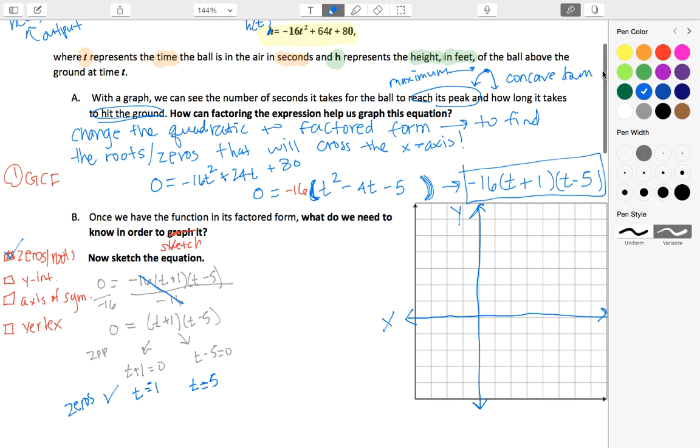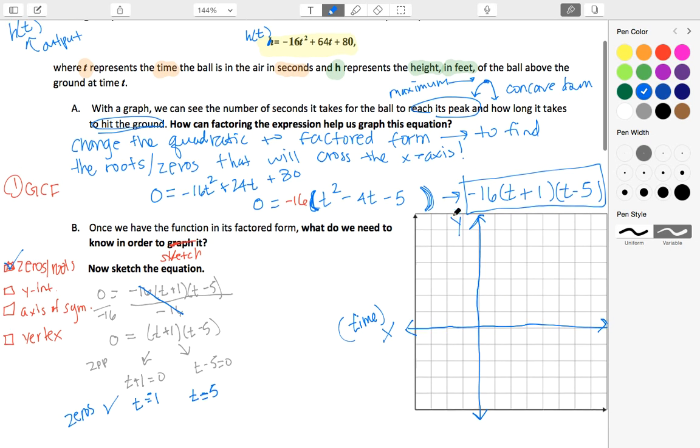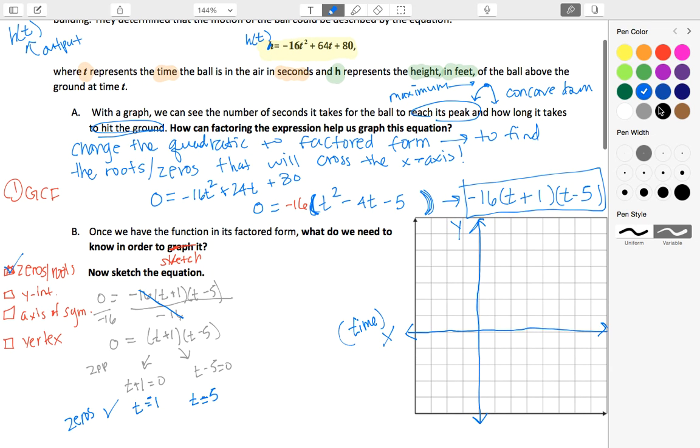So in this case, we can call this time. And then our y, or in this case, I'm going to use the same variables, so I should actually do that. This is t, it should be t for time, and then h for height. Okay, so this is our height, and then this is our time.